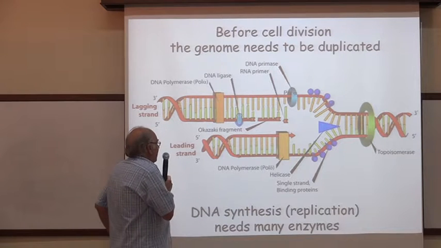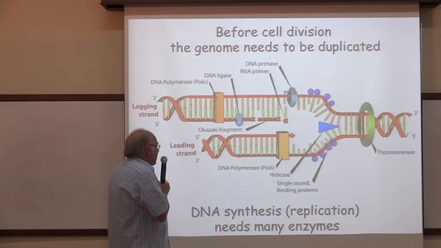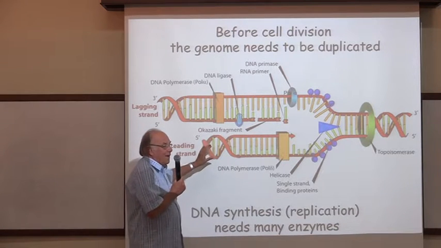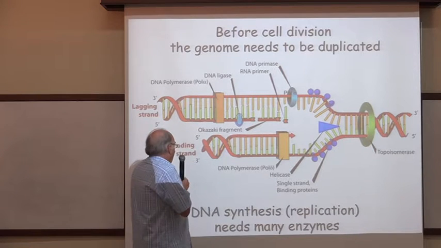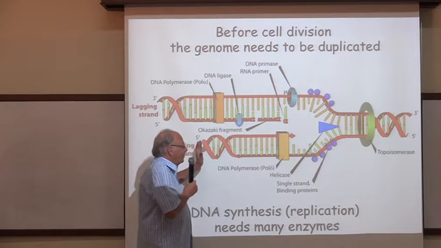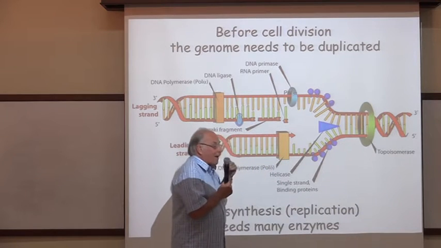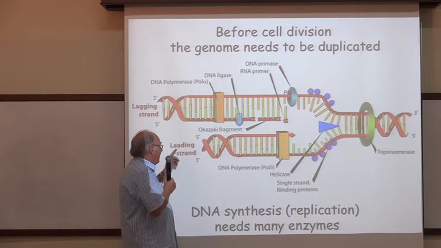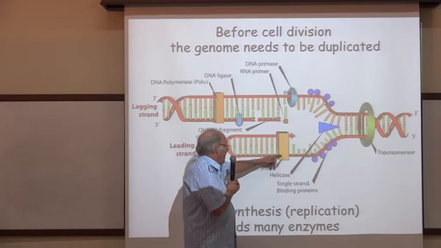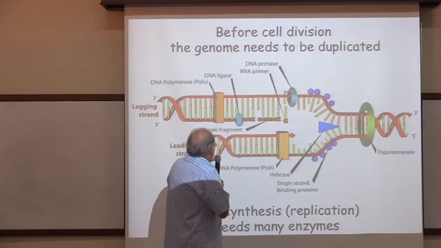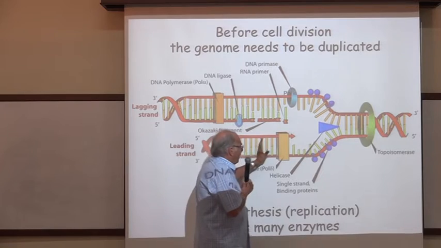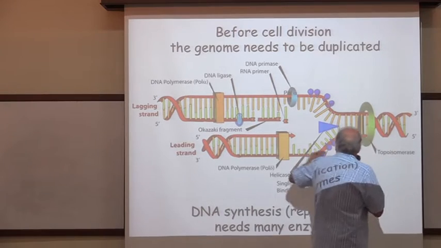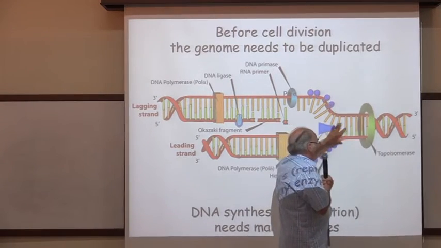But now, when we do the copying, the replication of the DNA, there are two strands that need to be copied. And since we're moving from the 3' end towards the 5' end, then in both systems, it will be easy on the so-called leading strand, because here the DNA polymerase, Pol delta, can just proceed along here, and while the helicase and topoisomerase are moving ahead here, this enzyme just makes a copy.